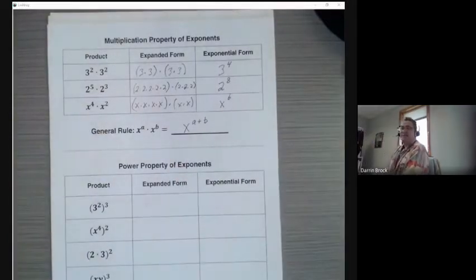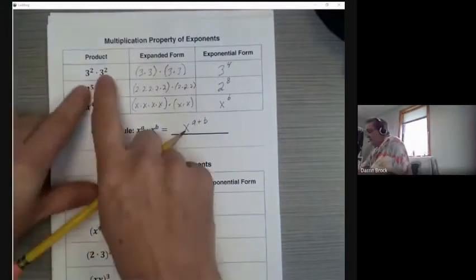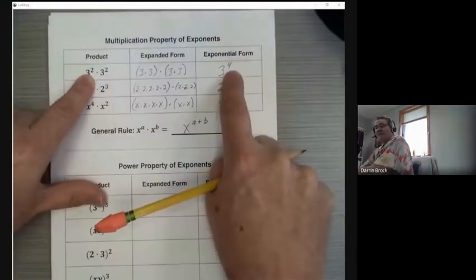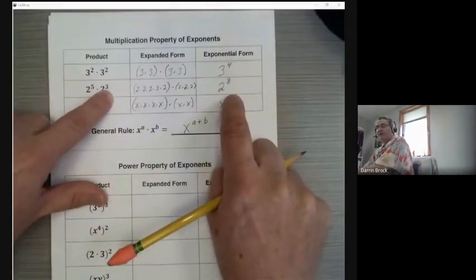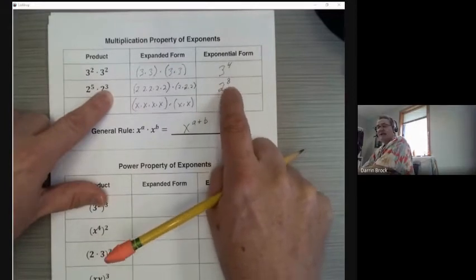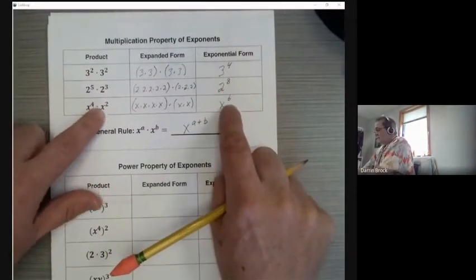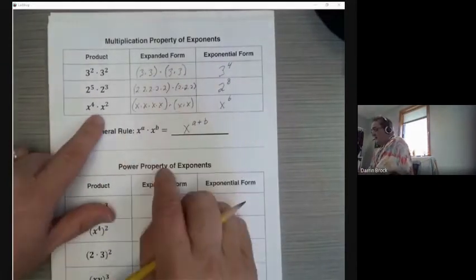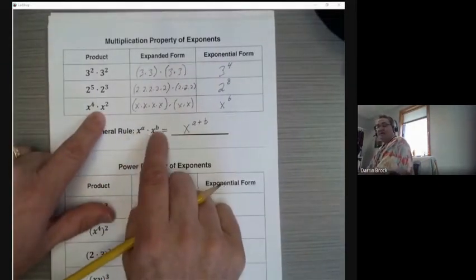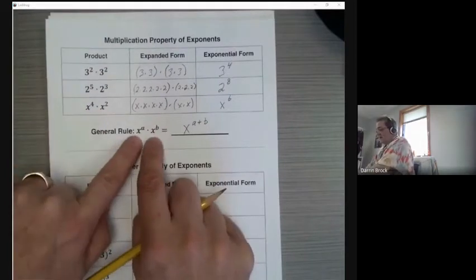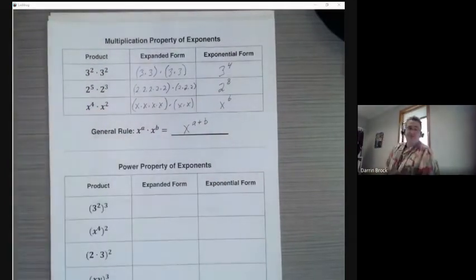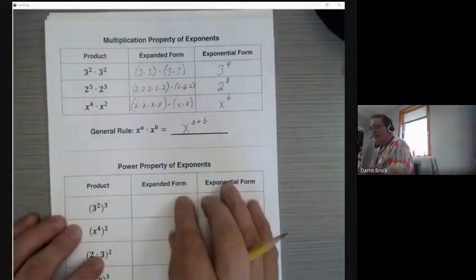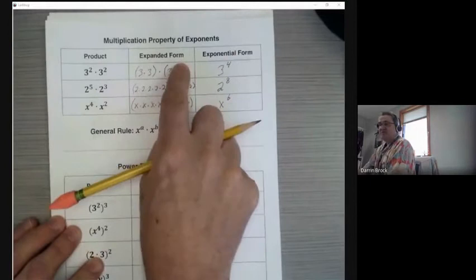You just add those together. 2 plus 2, 3 to the 4th. 5 plus 3, 8, so 2 to the 8th. 4 plus 2, 6. So we don't have to do all of this. This is just showing how we got there. When you multiply two terms with the same base with exponents, you add those exponents. All right, so that's how the multiplication property works.